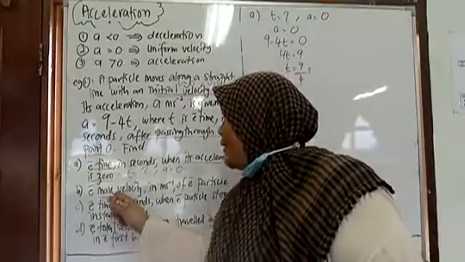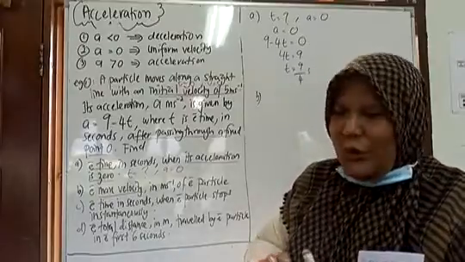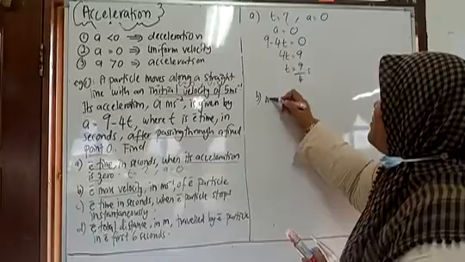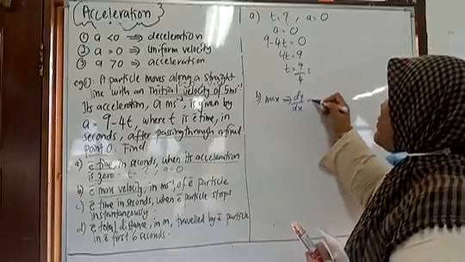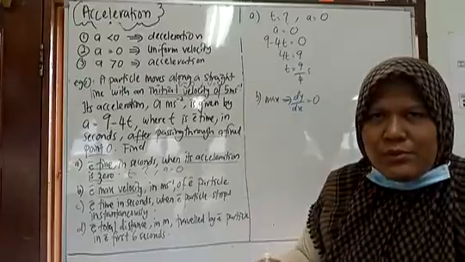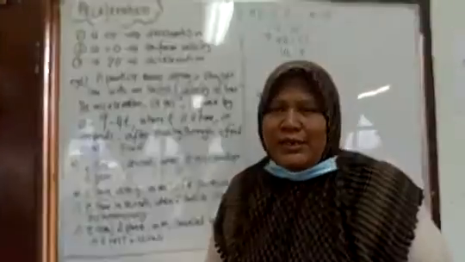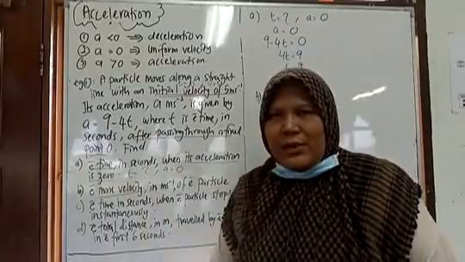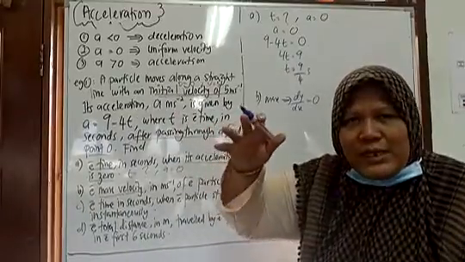B, the maximum velocity of the particle. When we talk about maximum or minimum, we are talking about dy/dx equals 0. In this case, we are talking about acceleration, which comes from the velocity-time graph.